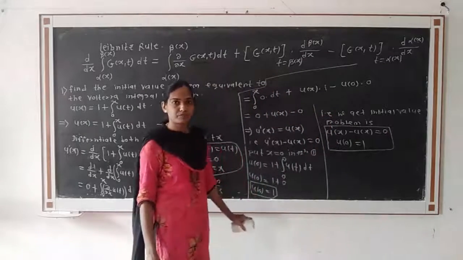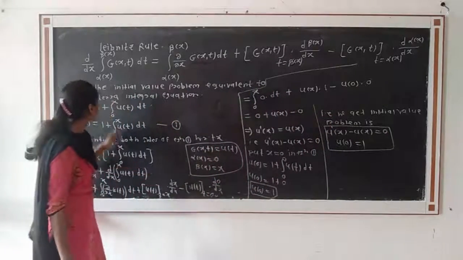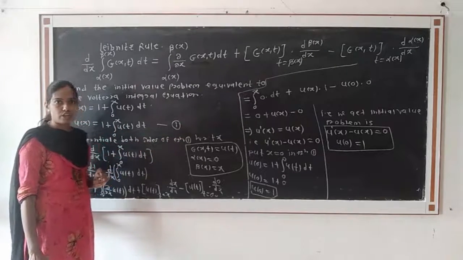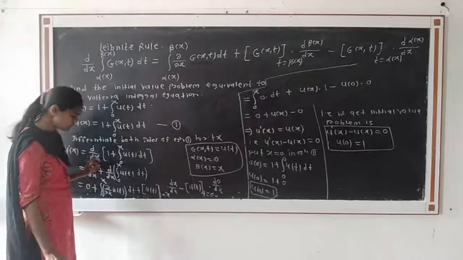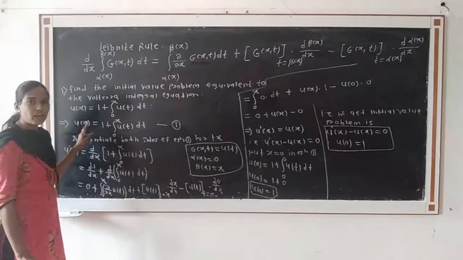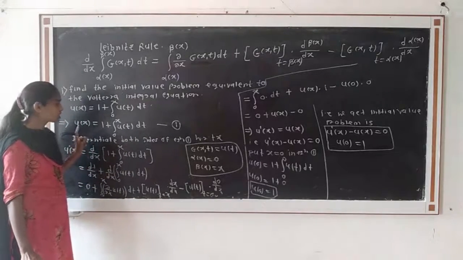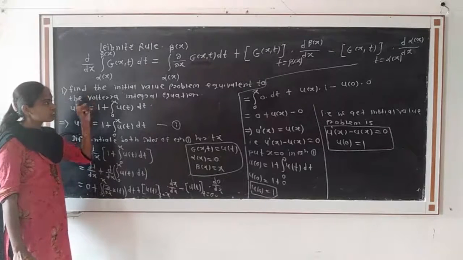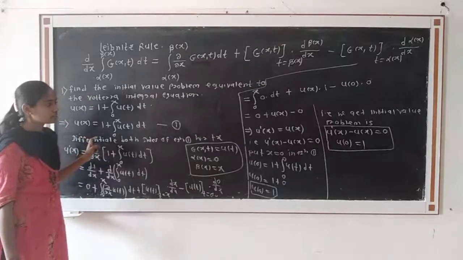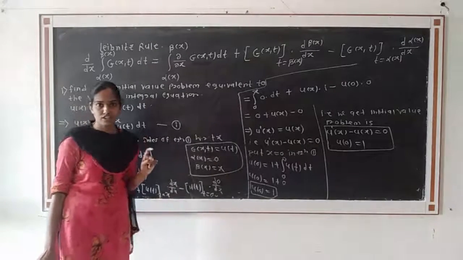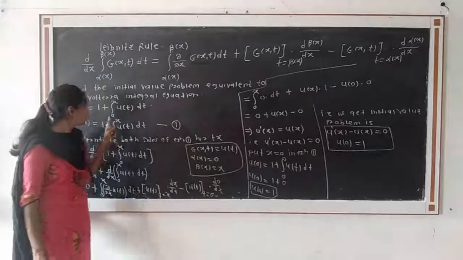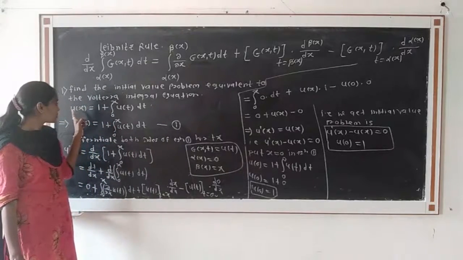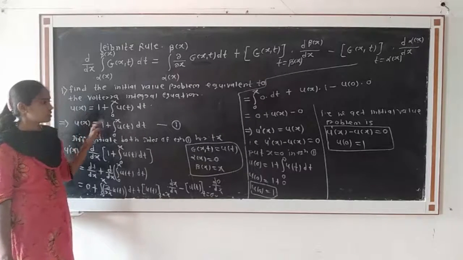In this way, we can convert the given Volterra equation to an ODE, that is ordinary differential equation. For that, we have to simply differentiate the given Volterra equation by using Leibniz rule, and for finding the initial condition, we have to put the lower limit of the given integral equation in the Volterra equation.